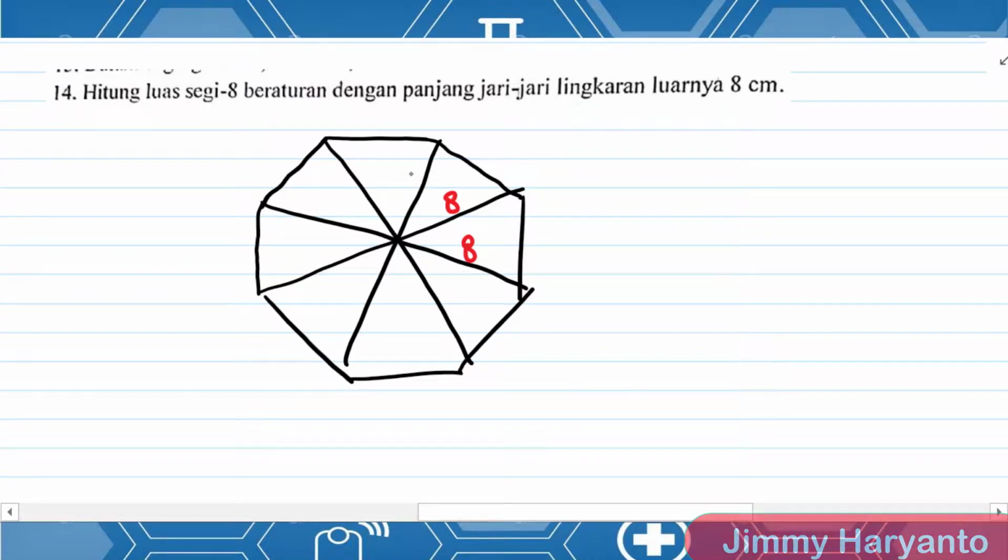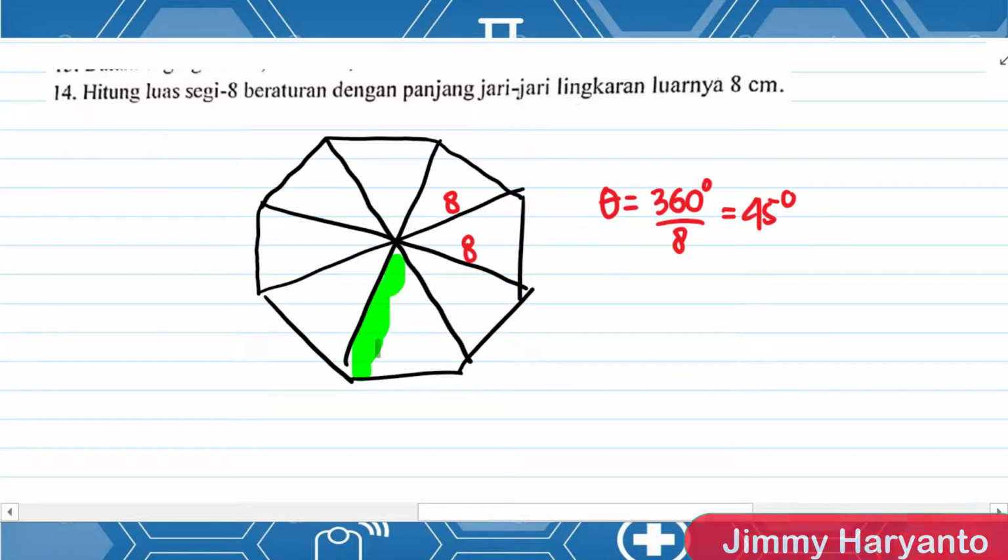After that, I know that the angle for one full circle is 360 degrees, because the circle is divided into 8 parts, since it's an 8-sided polygon. So one angle is 360 degrees divided by 8, which is 45 degrees. I will focus on one of these triangles and find its area.